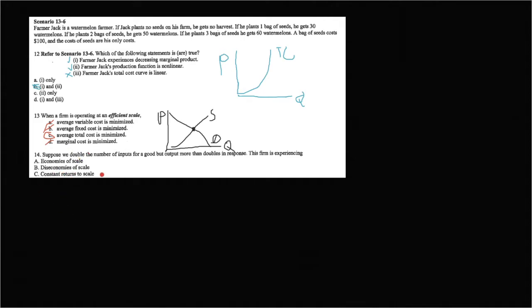Alright, so suppose we were trying to double the inputs for a good, but more than double the outputs. Well, that is what we were talking about earlier, the long run average total cost curve.